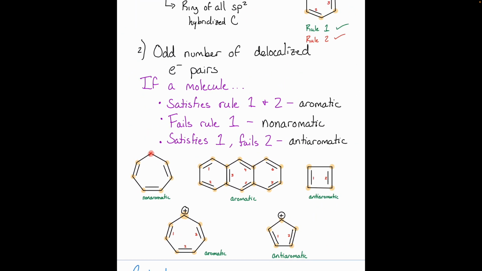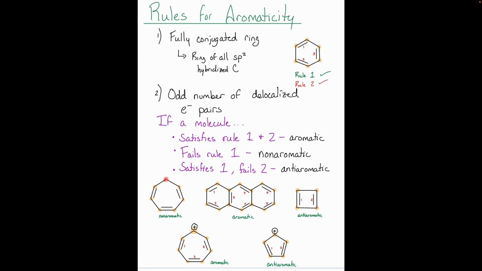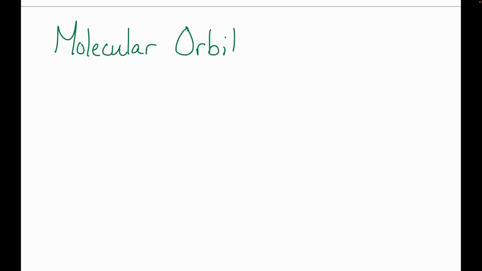All right, so we have these two rules that we apply to our molecules to classify them as being either aromatic, non-aromatic, or anti-aromatic, right? And that's pretty straightforward in terms of applying these two rules. All right, so now let's talk about what it means to be aromatic, anti-aromatic, or non-aromatic, using what are called molecular orbital diagrams.